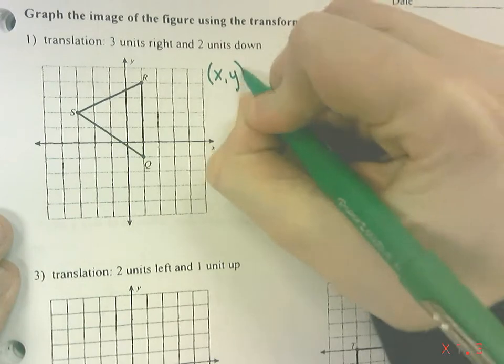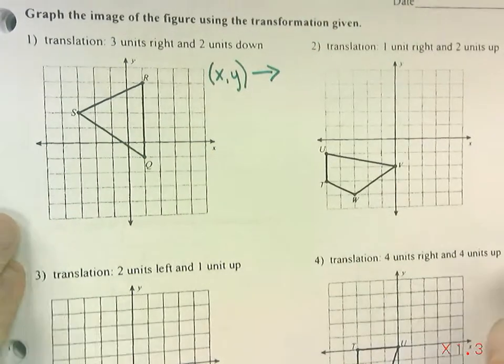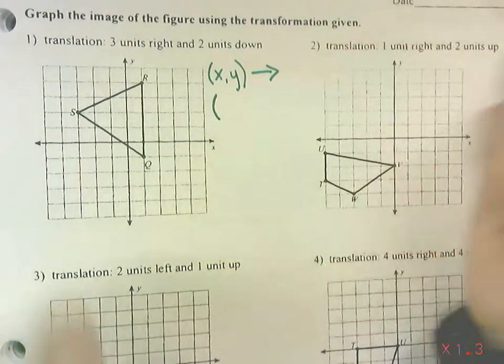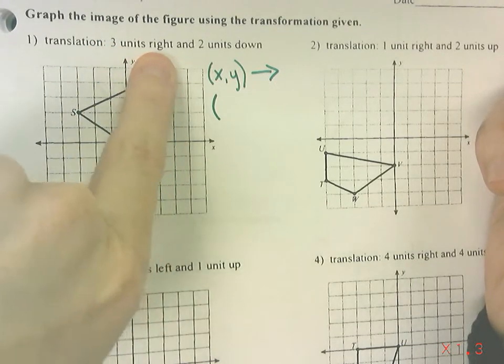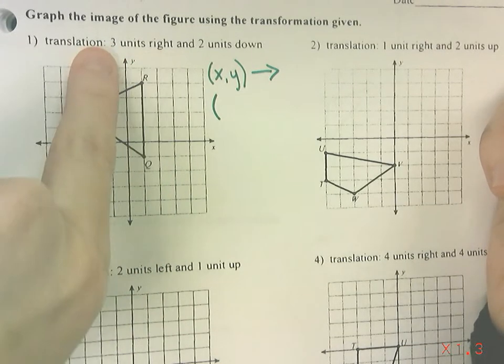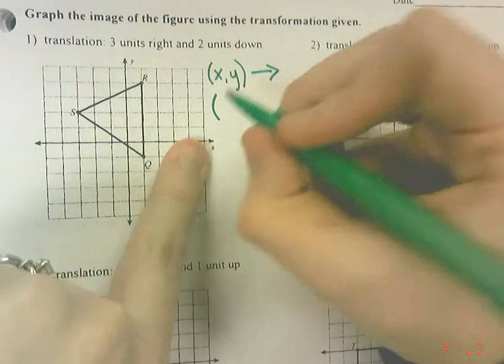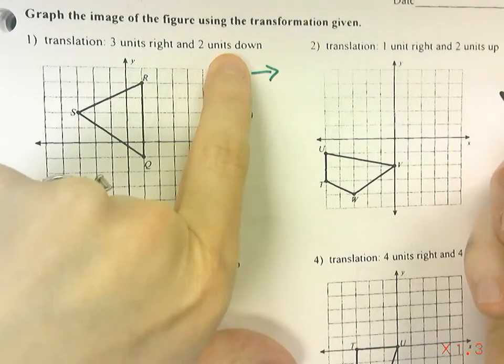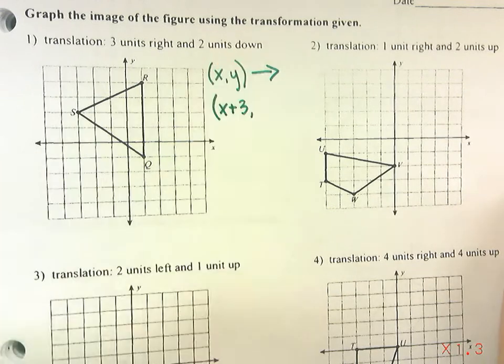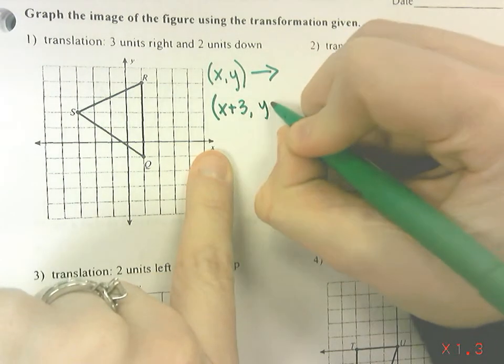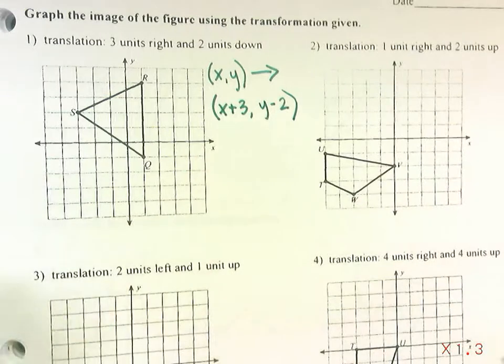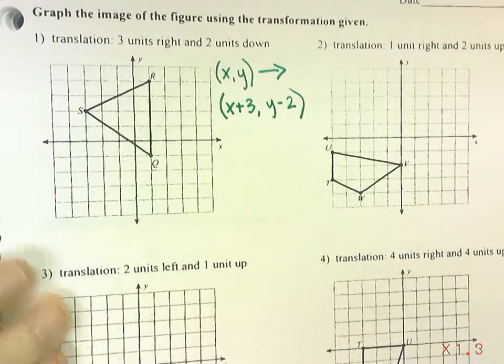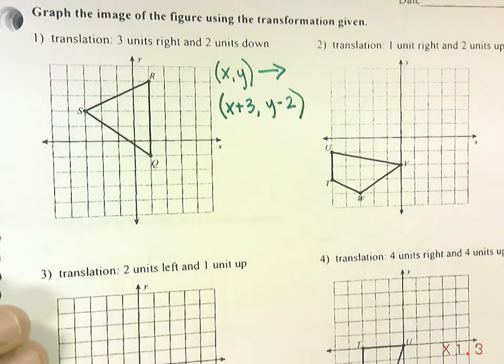Remember, we always start with xy changes into, if we're moving 3 units right, that's plus 3, because right is positive. So we're going to do x plus 3, and then 2 units down. Down is negative on the y-axis, so we would go y minus 2. So there's our rule. And if I was going to move this shape, I have to move all 3 dots of the triangle.